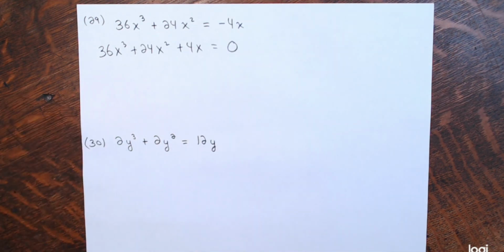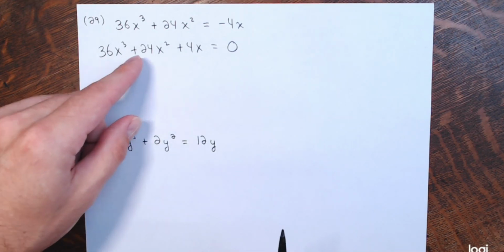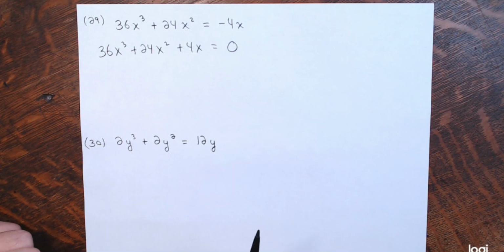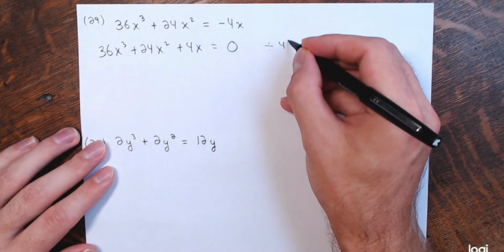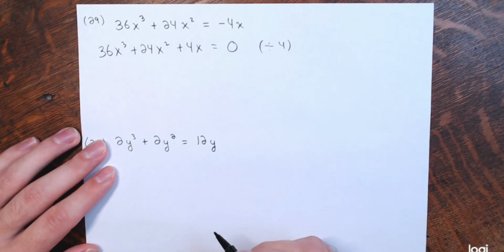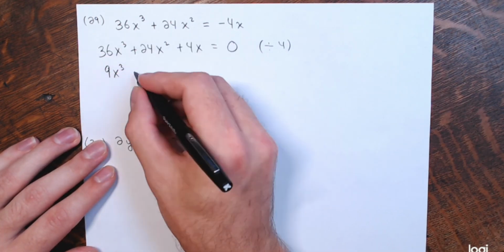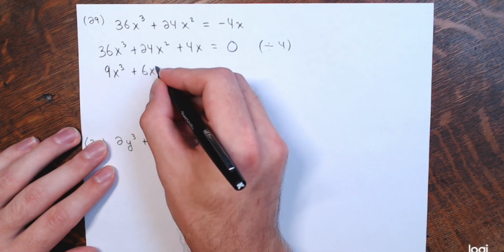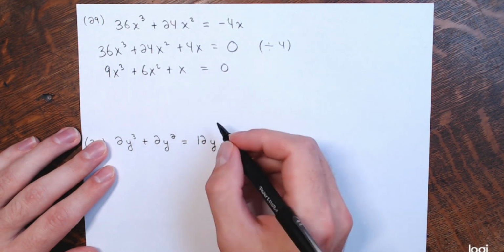And then just like in the last couple examples, I noticed that all the coefficients are multiples of 4. So just to make the numbers a little smaller, I'm going to divide both sides by 4. So that'll give me 9x cubed plus 6x squared plus x equals 0.